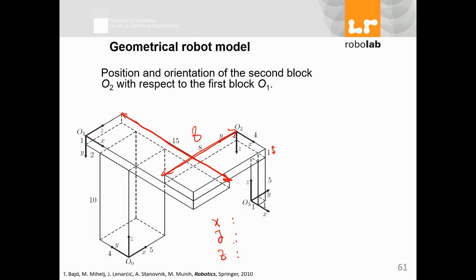I know that this part is 4 and this part is 4, so X will be 15 minus 4, which is 11.